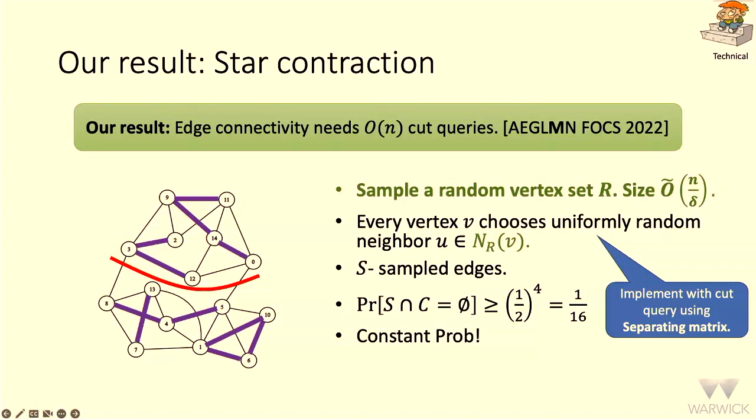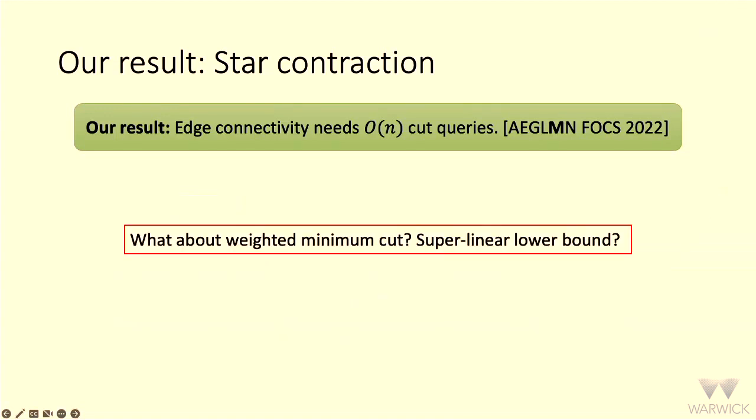This and a little bit more. So that's the general technique I wanted to talk about. Now, given that for simple graphs you cannot really prove anything superlinear, the question then is, let's put weights on the edges and see whether you can prove something superlinear over here.